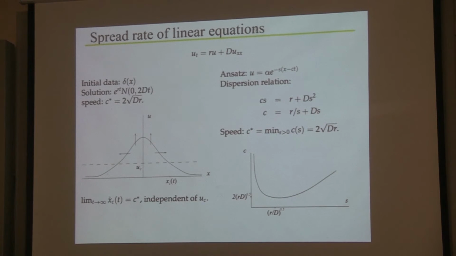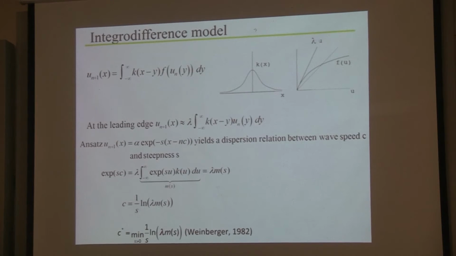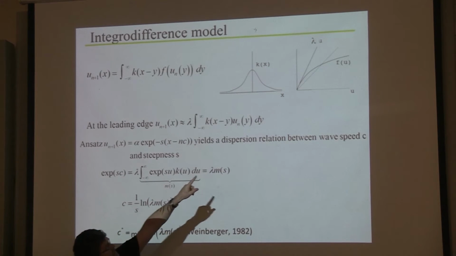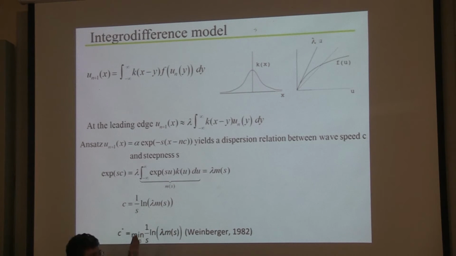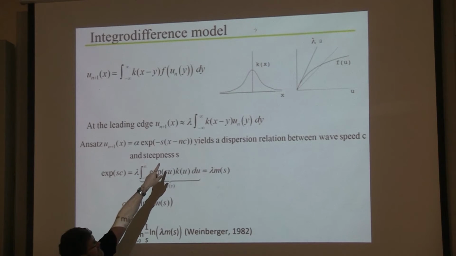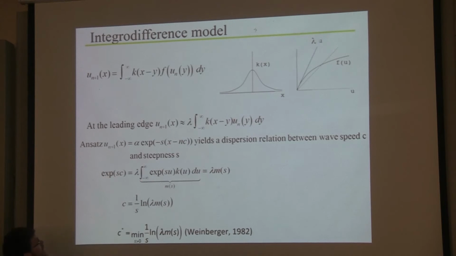So we can do the same thing here. We linearize. Instead of using our full function f, we use lambda times u, where lambda is the geometric growth rate at the leading edge. That nonlinear function is replaced by lambda times u, and we have a linear equation.